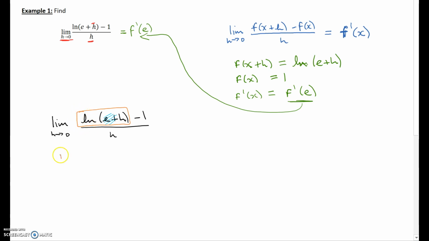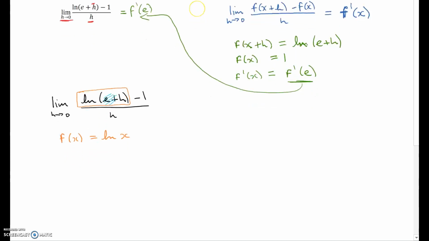So in this case, f of x is the log of x. Now we're talking about x now. Whatever has been done to the h, that will give you a clue as to what f of x is. So we're getting log of h, and that means f of x is log of x.